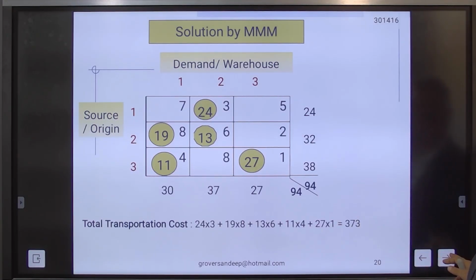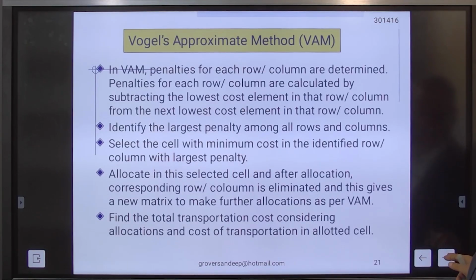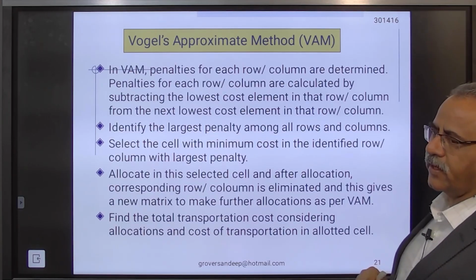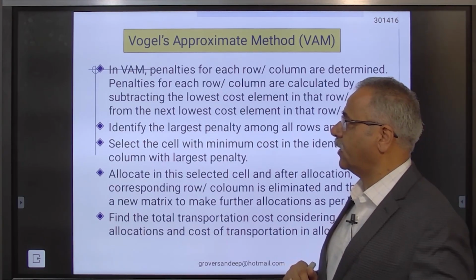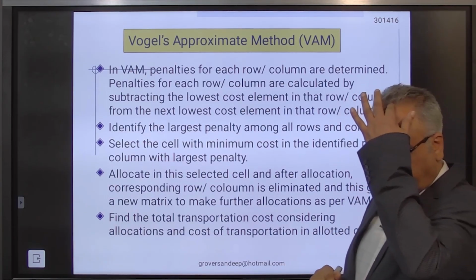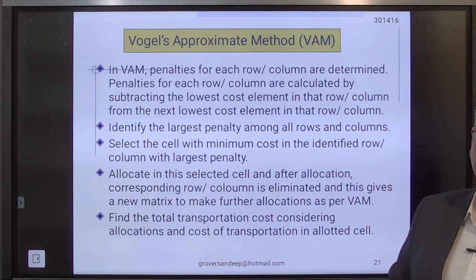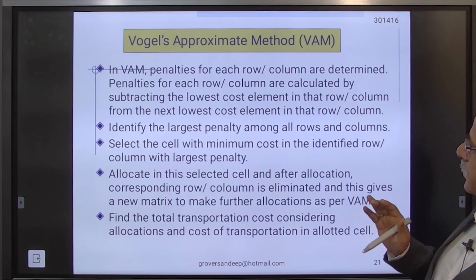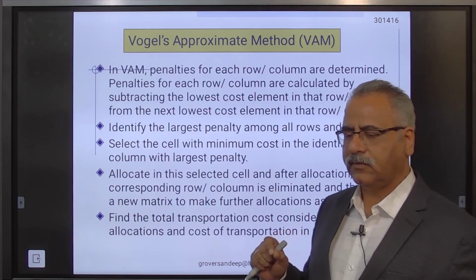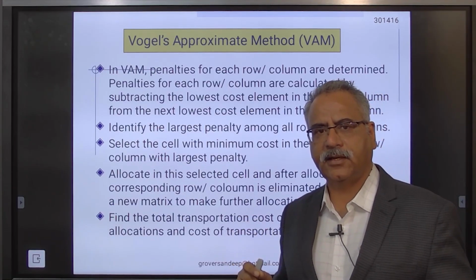So, let us move on to the next case. Okay. Now, this is Vogel's approximation method, which is VAM. Now, this VAM is basically a different type of method which takes care of the penalties. Penalty is something which you incur if you do not allot in the minimum cost.